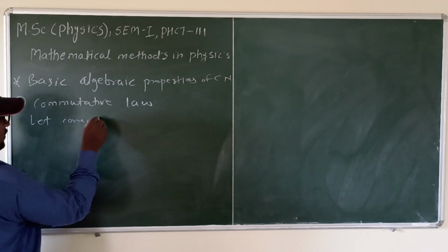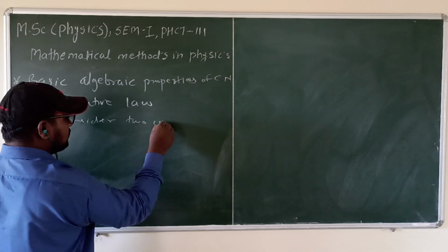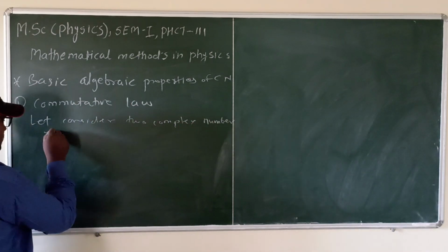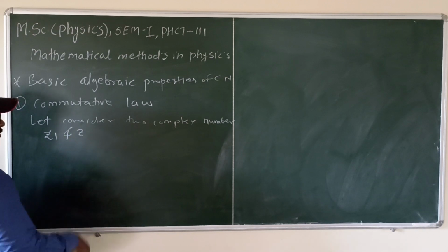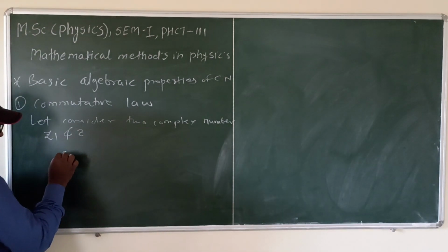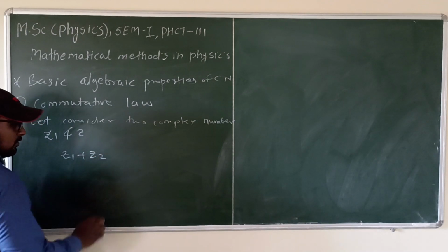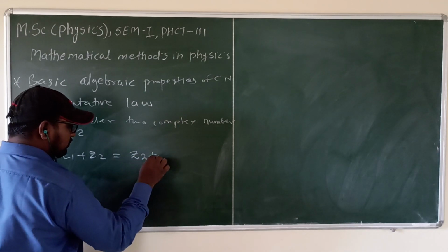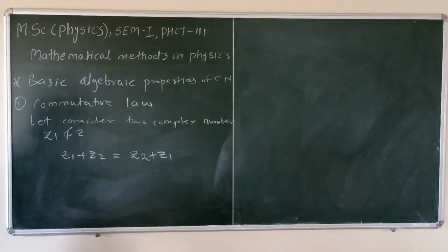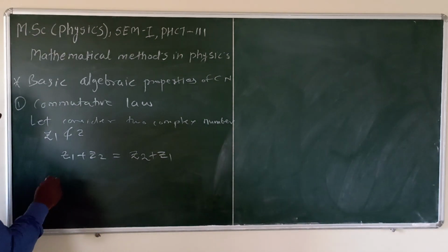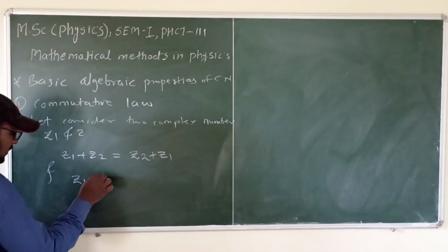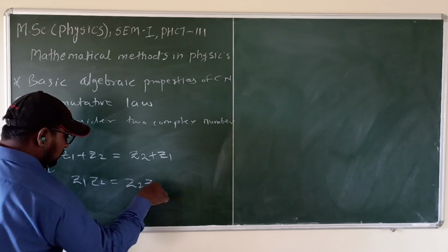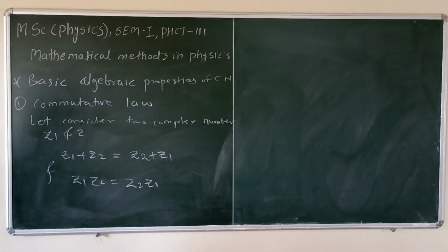Let's consider two complex numbers Z1 and Z2. Now for commutative law, if you add Z1 plus Z2, this is equivalent to adding Z2 plus Z1. Okay, the same relation is applicable for multiplication, and if you multiply Z1 and Z2, it will give the same result as Z2 into Z1. This is commutative law.